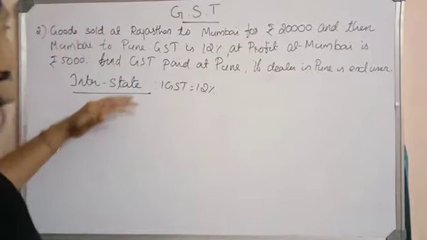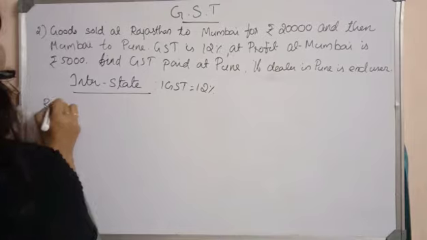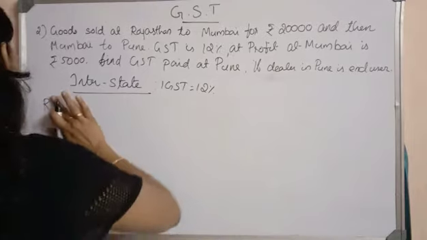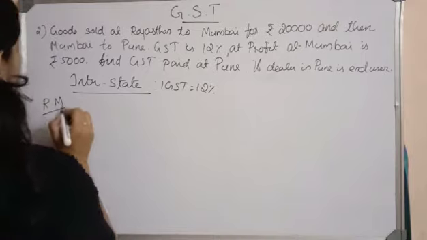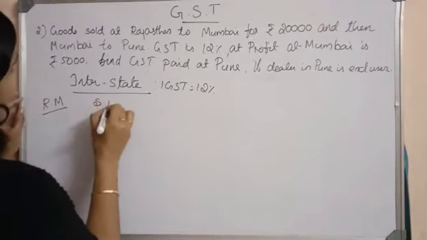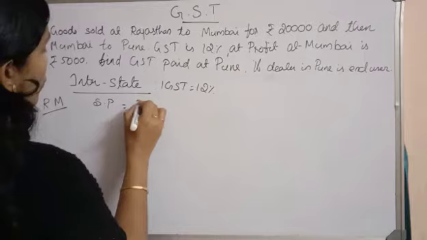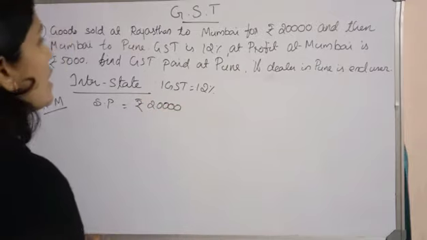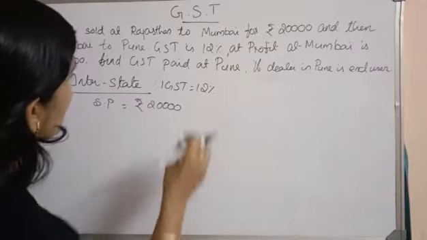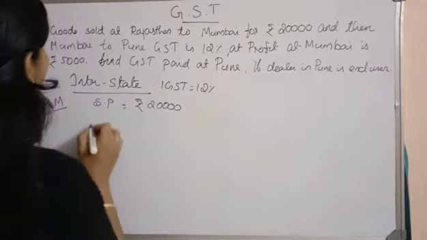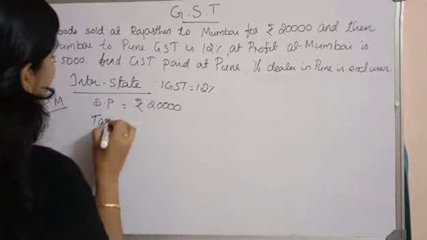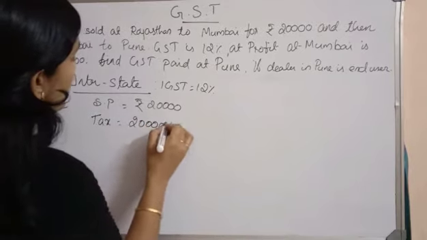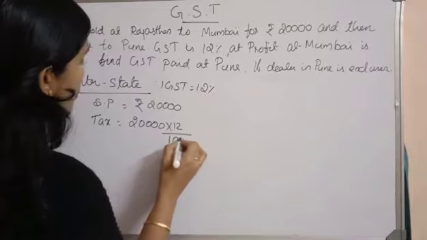So in the first case, when the sale is happening from Rajasthan to Mumbai, the selling price at Rajasthan is equal to rupees 20,000 and the tax is 12%. Therefore, the tax is 20,000 into 12 by 100.